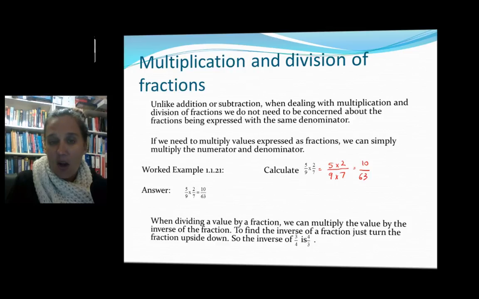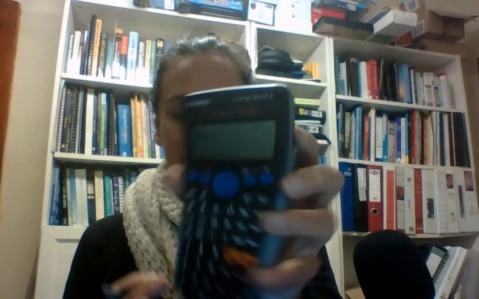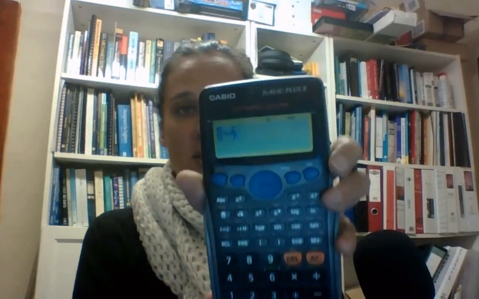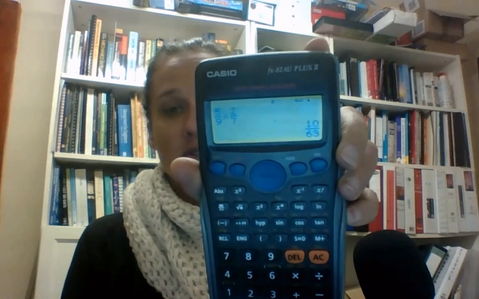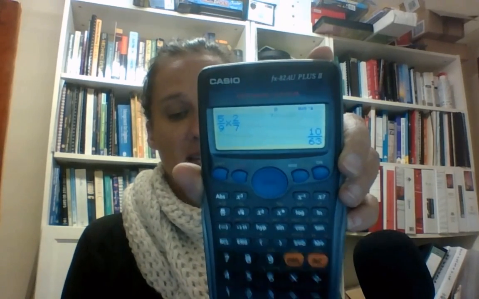So we have 10 over 63. We can use our calculator for this as well. Using our fraction button, we have 5 over 9 multiplied by 2 over 7, and we should get 10 over 63.